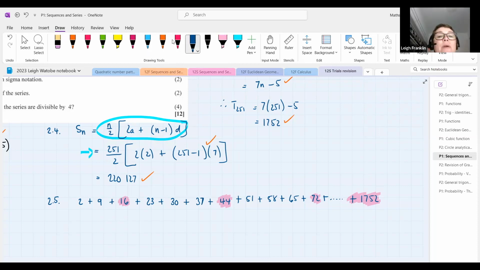So the pattern that we're now seeing is we've got the number 16, then the number 44, then the number 72, and then a whole bunch of numbers that we don't know, and it ends with 1752, like so. Okay. Can we develop an nth term to describe what we are seeing in our new pattern?